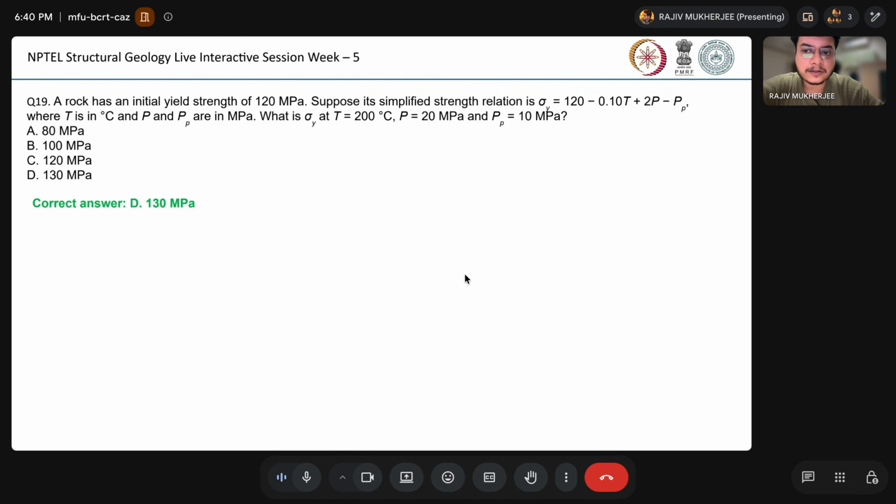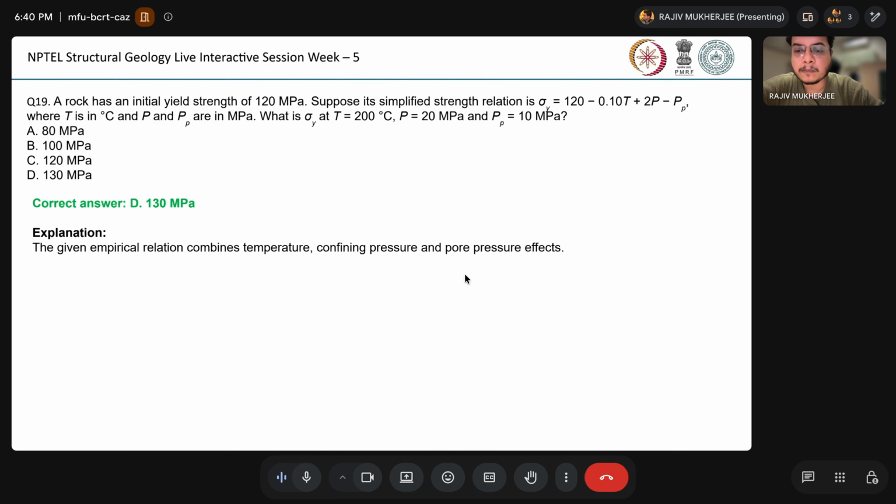So the correct answer is option D. And for explaining, this is an empirical relation that combines the temperature, confining pressure, and pore fluid pressure with the yield strength, right?